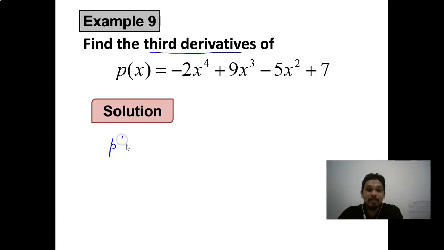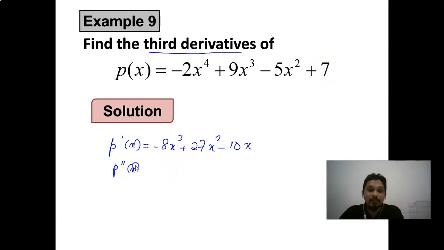So p prime x equals, slowly, 4 times negative 2, negative 8x cubed; 3 times 9, 27x squared; 2 times negative 5, negative 10x; and then 7, 0.